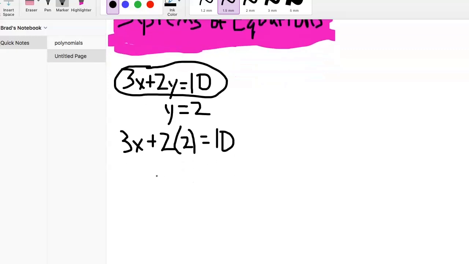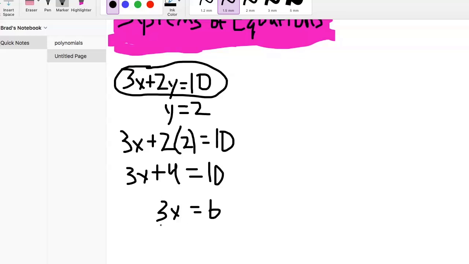Then we have 3x plus 2 times 2, which is 4, equals 10. We subtract 4 from both sides. 3x equals 6.